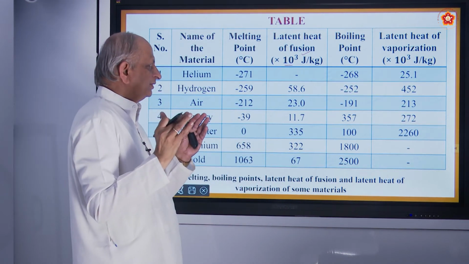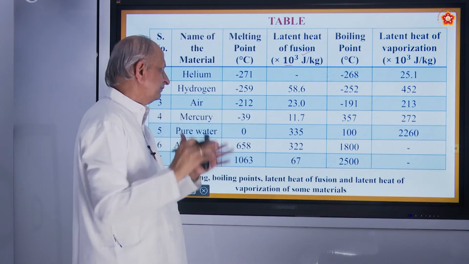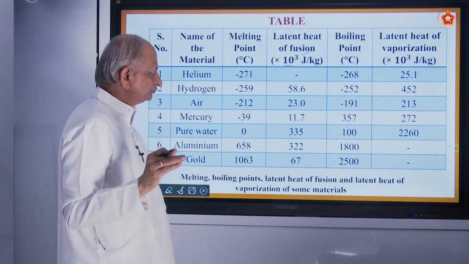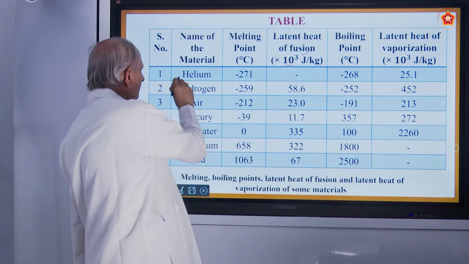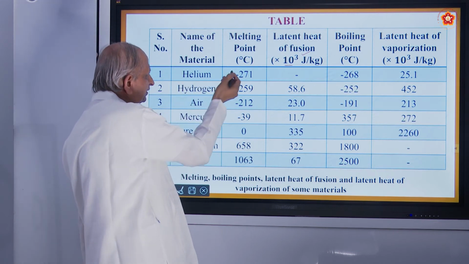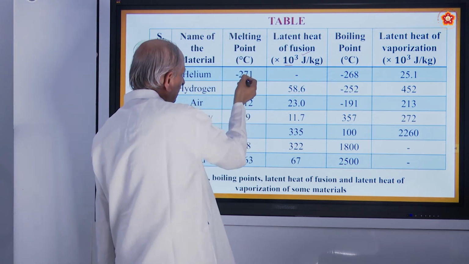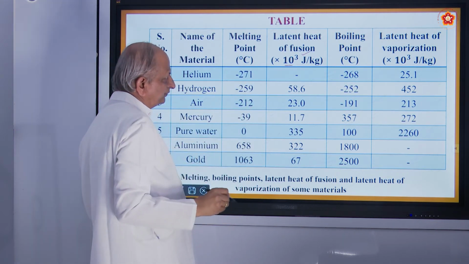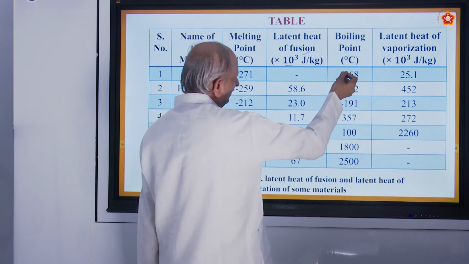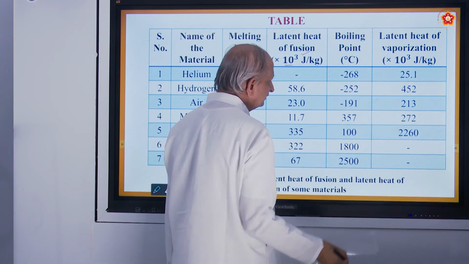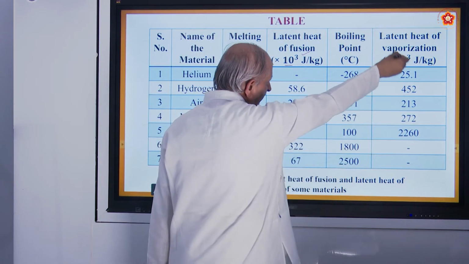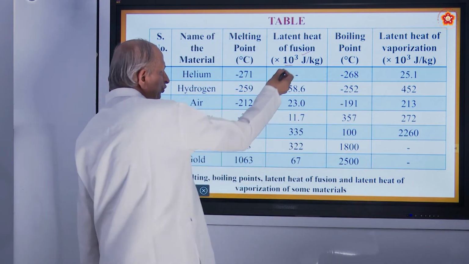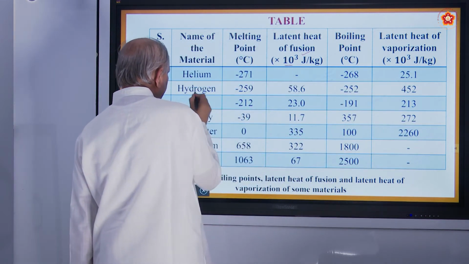Here the heat is hidden and the temperature won't change afterwards. Okay. For example, helium, if you take, starts melting at minus 271 degrees Celsius and boiling point is minus 268 degrees Celsius and latent heat is 25.1. There is no fusion in that case.